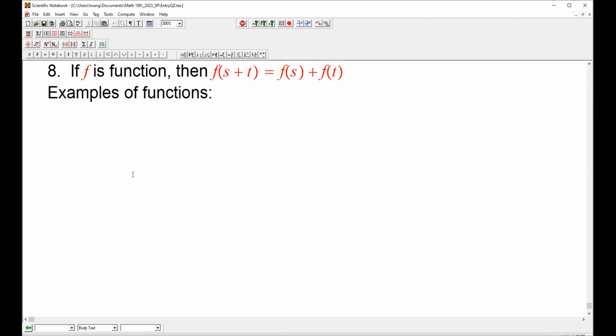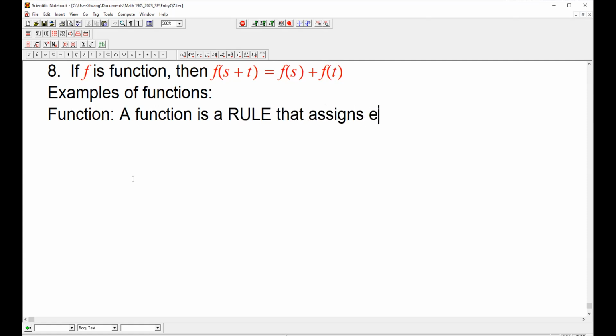First, what is a function? Definition. We spent the entire semester in all the courses from pre-algebra, which prepares us to get to pre-calculus. In pre-calculus, we covered all the functions together. So we know that a function is a rule that assigns each input exactly one output.